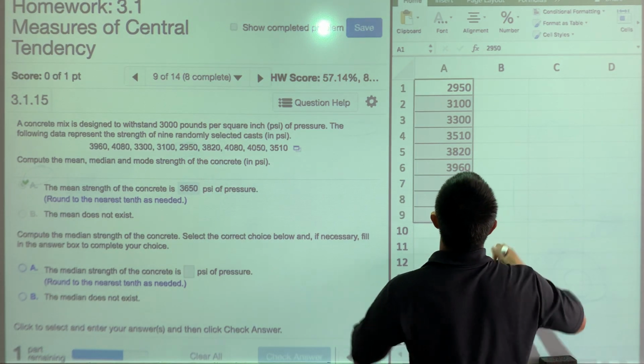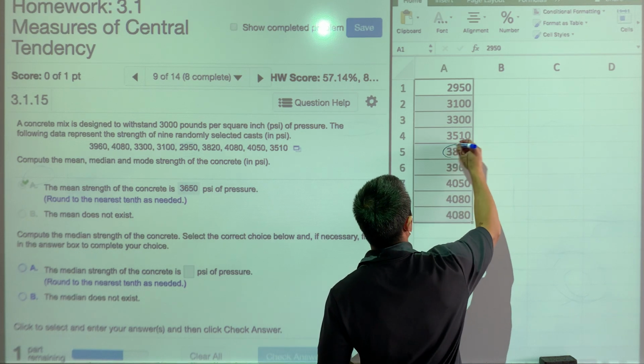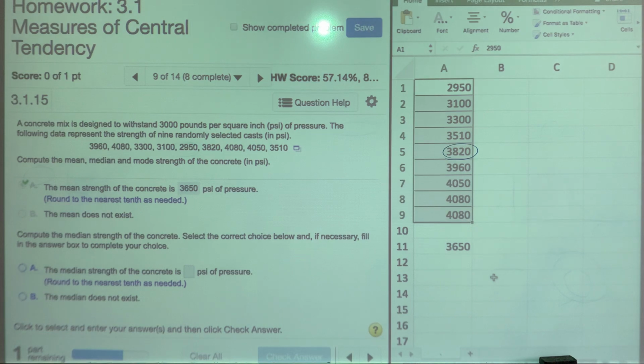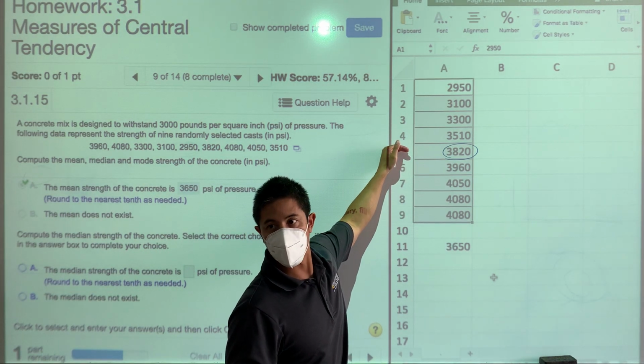So let's see here. Is there an exact middle? Yes, because there are 9 elements in my data set, that gives me an exact middle value.